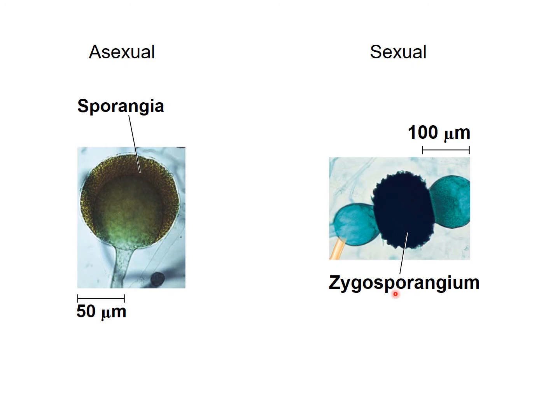The asexual spores are just in general called sporangia. The sexual spores are going to develop once the hyphae combine. They're going to develop eventually into a mature structure called a zygosporangium.